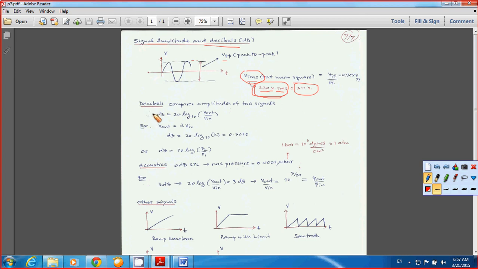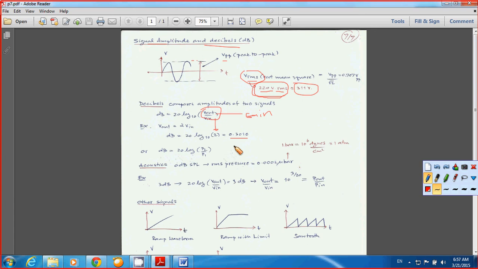Now go to decibel. Decibel is equal to 20 log 10 of V out over V in. This one actually is the gain. For example, if V out becomes double V in, you simply have log 2 base 10, and that gives you 0.3010.